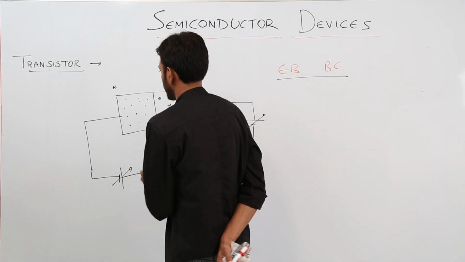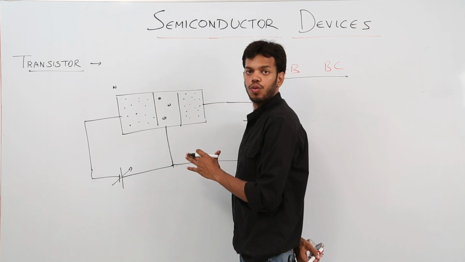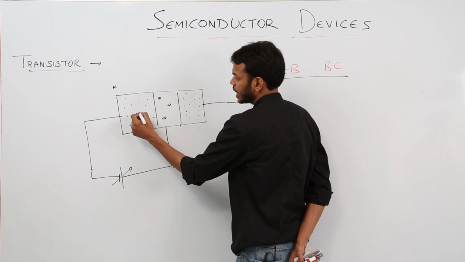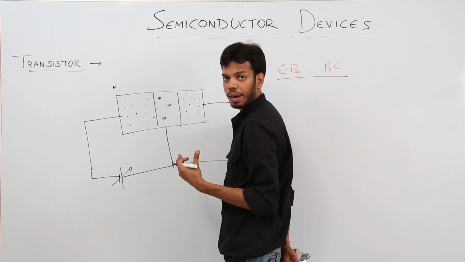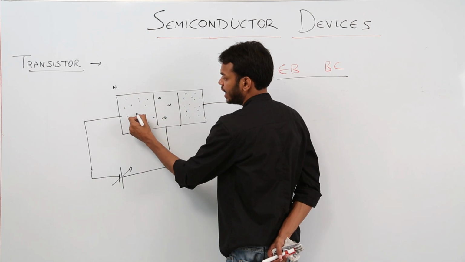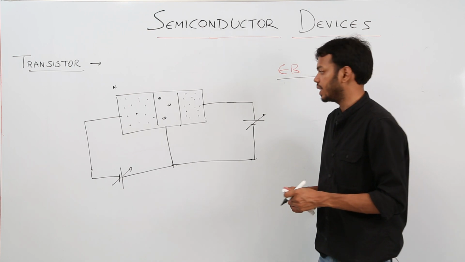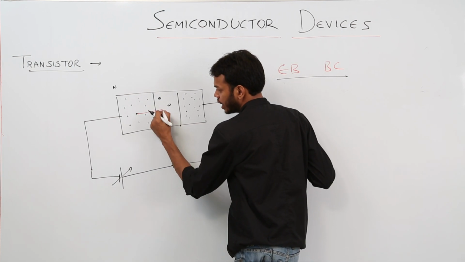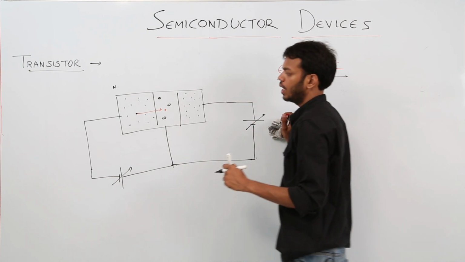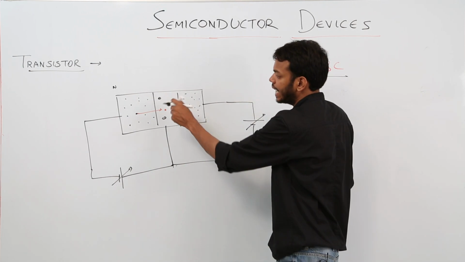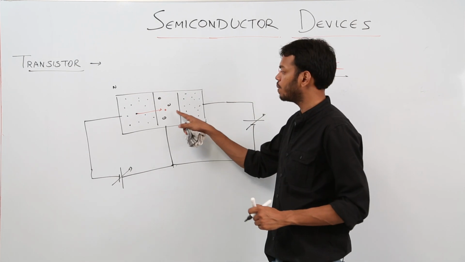Now see what happens. Since the emitter-base region is forward biased, what happens? This electron, due to forward biasing of this junction, will easily migrate to this region. Now there are two probabilities. I am moving this electron into this region. One is that it can get neutralized in the base region because the base is positive.